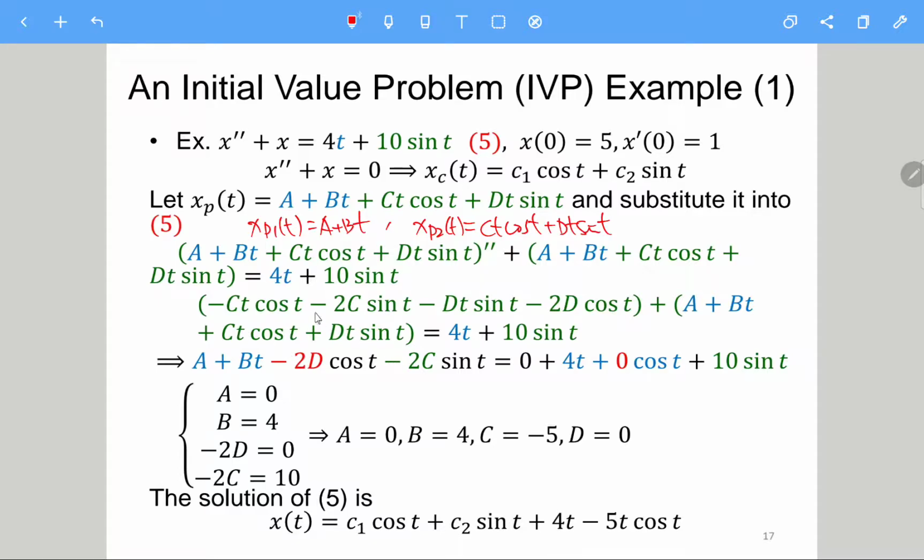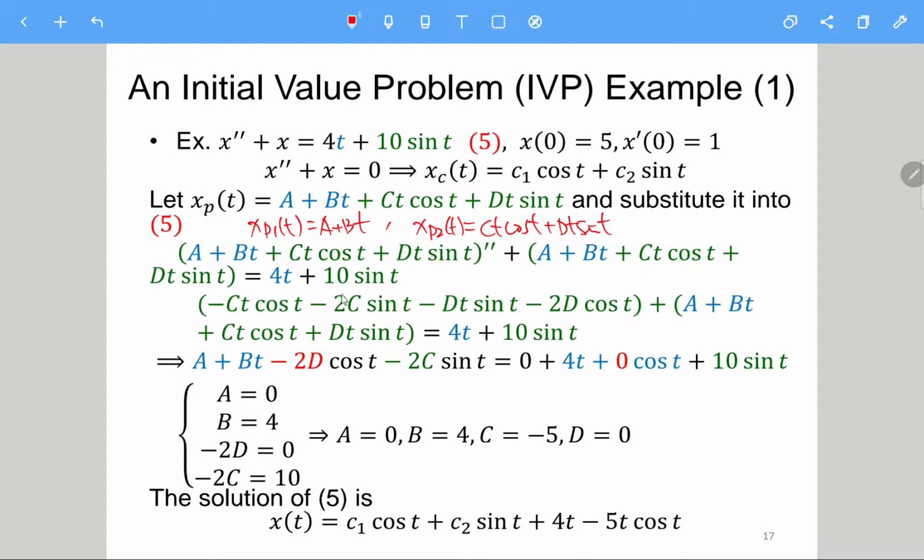And then finally, we try to collect the terms. We have a plus bt here, which equals 4t, so a is 0 and b is 4. Then we collect the cosine of t and the sine of t. As we plug in t times cosine t and t times sine t here, you can find that minus ct cosine t and ct cosine t will be cancelled, and dt sine t and minus dt sine t will also be cancelled.